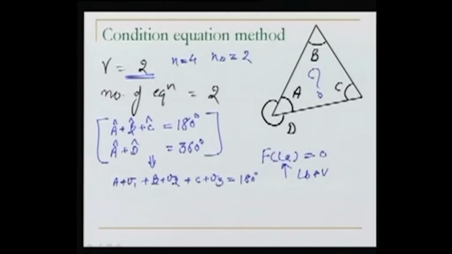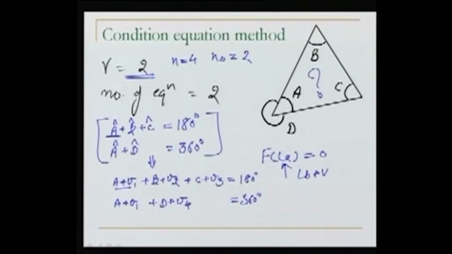What I am doing, I am replacing A hat with A plus V1. Similarly, for the second equation, A plus V1 plus D plus V4 is 360 degree.